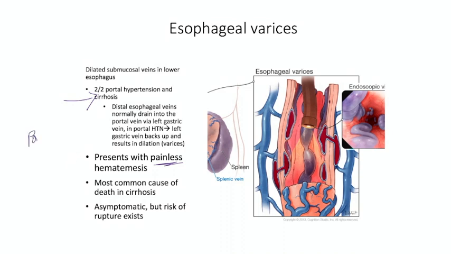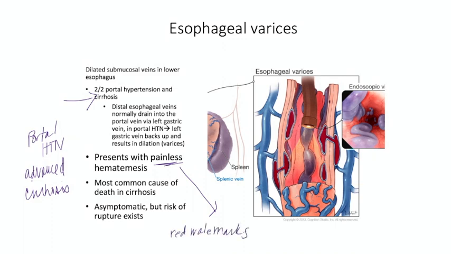So these are usually asymptomatic, or they may be found on other imaging. They would present with an acute bleed situation. So the highest risk of hemorrhage occurs in patients with large varices, and the important predictor of hemorrhage would be the Child-Pugh score and the endoscopic finding of red wale marks.